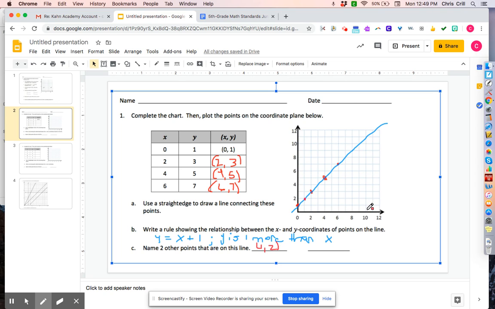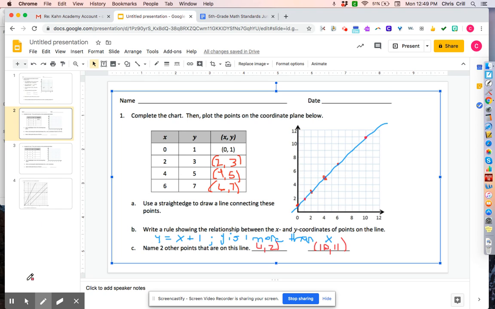And what if I went all the way out here to 10? Here's 10. And there's 11. So that's just kind of checking to make sure that our rule consistently works throughout our coordinate plane. And it looks like y is always going to be 1 more than x on this line.